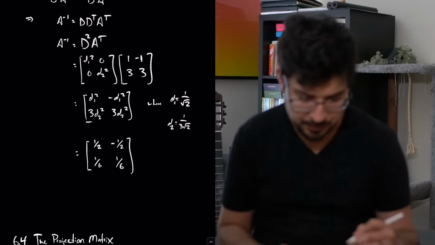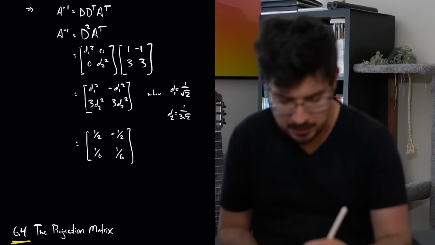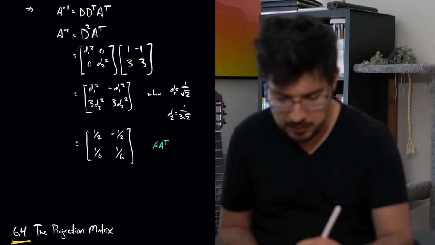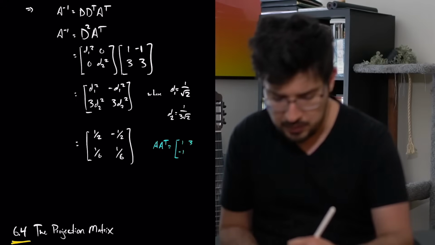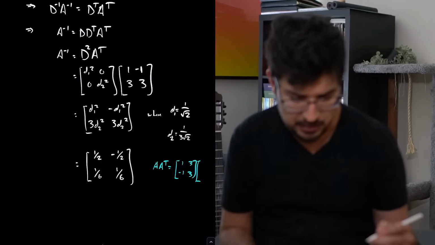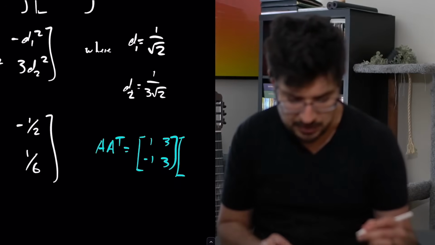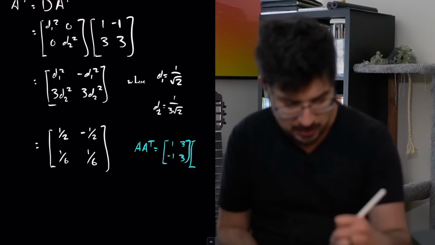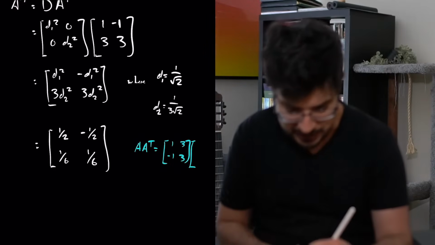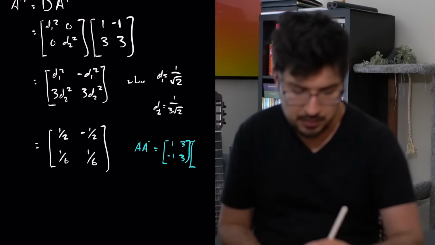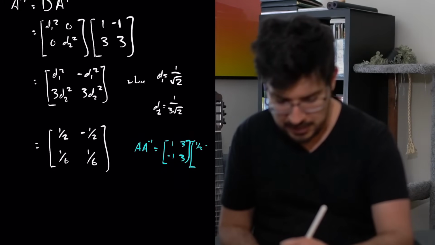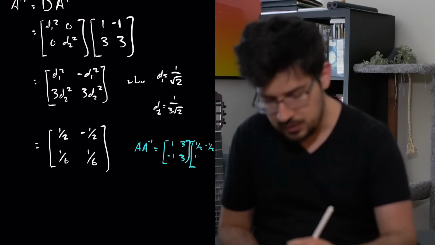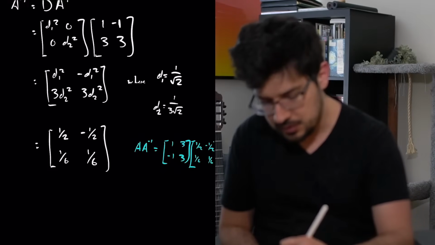Did this work? Let's test. A transpose, 1, 3, negative 1, 3, right? Was that correct? Yeah. 1, 3, negative 1, 3 times, not A transpose, but A inverse here: 1/2, negative 1/2, 1/6, and 1/6.